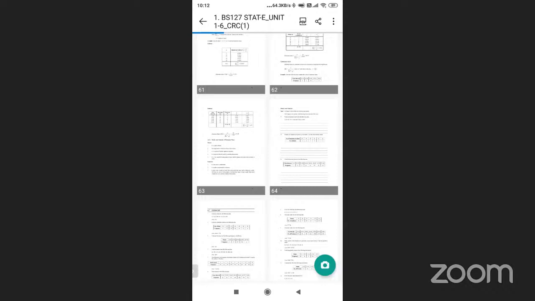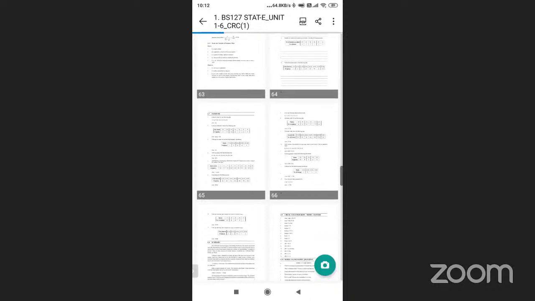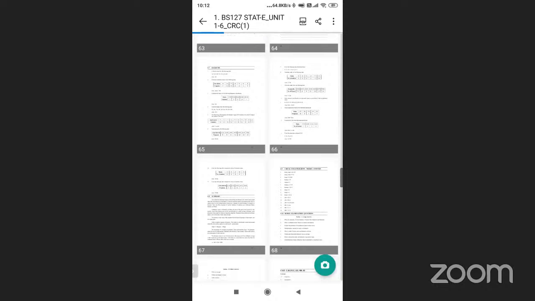So that is unit 5. Unit 5: range, quartile deviation, mean deviation, and standard deviation.